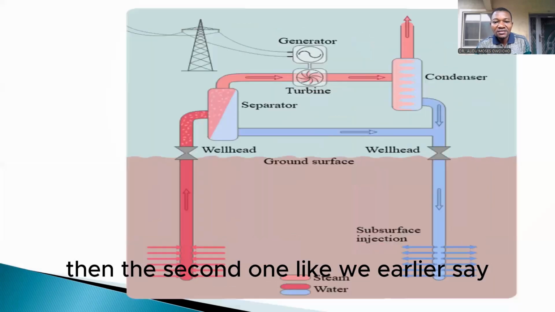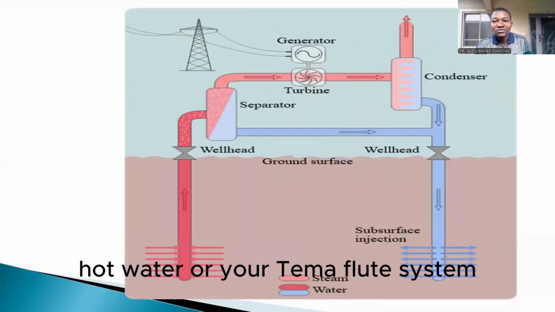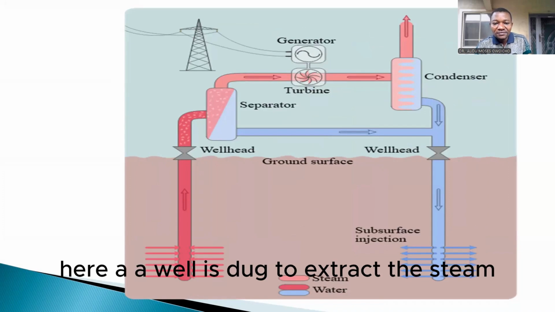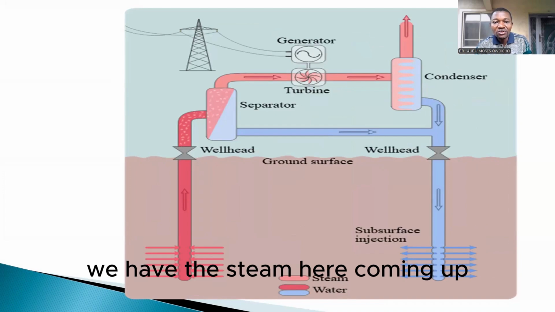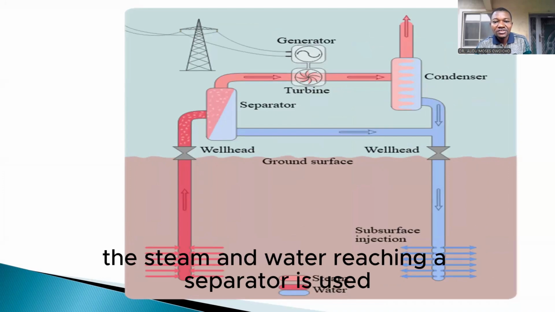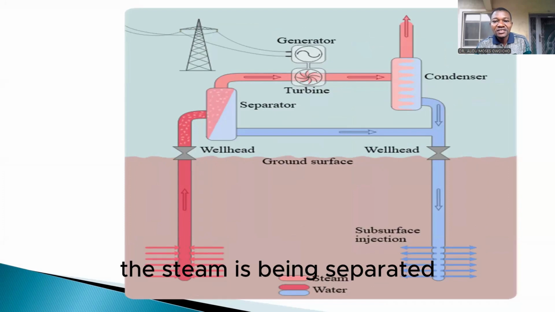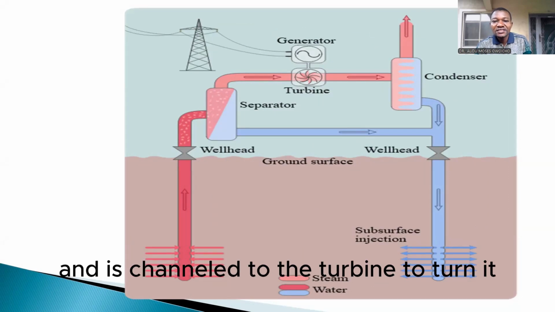Then the second one, like we said earlier, is the hot water or geothermal fluid system. This is the example. Here, a well is dug to extract the steam. We have the steam here coming up. The steam and water reach a separator. The steam is separated and channeled to the turbine to turn it.